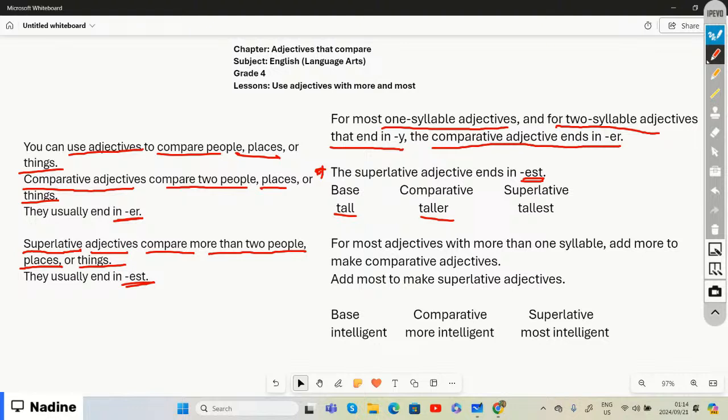But now that very same girl, if we compare her to more than two people within the class, for example, and she's taller than everybody in class, then we say she's the tallest girl in class. As you can see, it ends in est, and it's a superlative adjective.